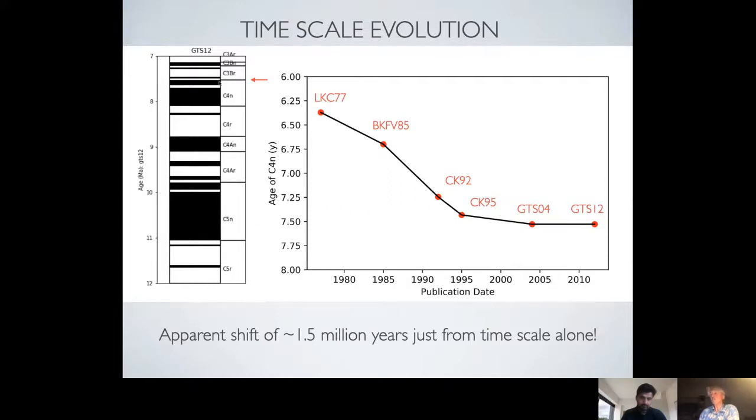So if I just take this one reversal that's common to all the timescales, it started out about 6.3 million in LaBrecque, Kent, and Cande, '77. And the age has migrated down to 7.6 in the last timescale. So just from using different timescales, you get 1.5 million years difference in your interpreted age.